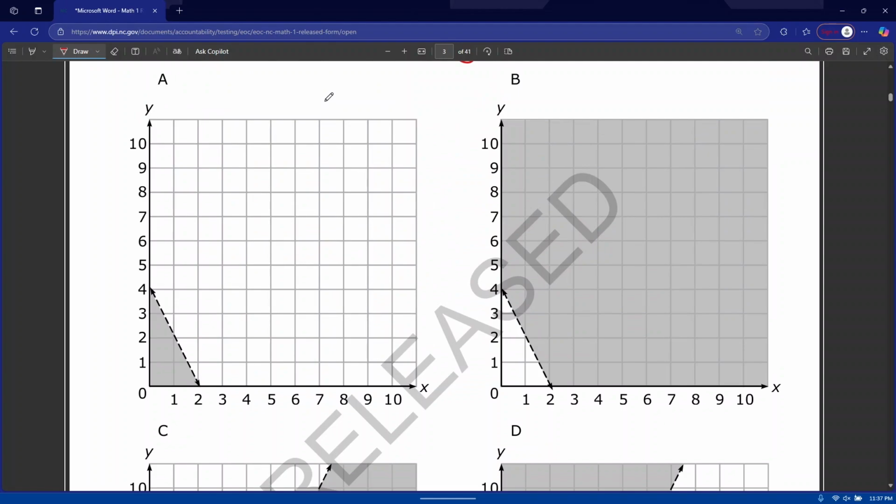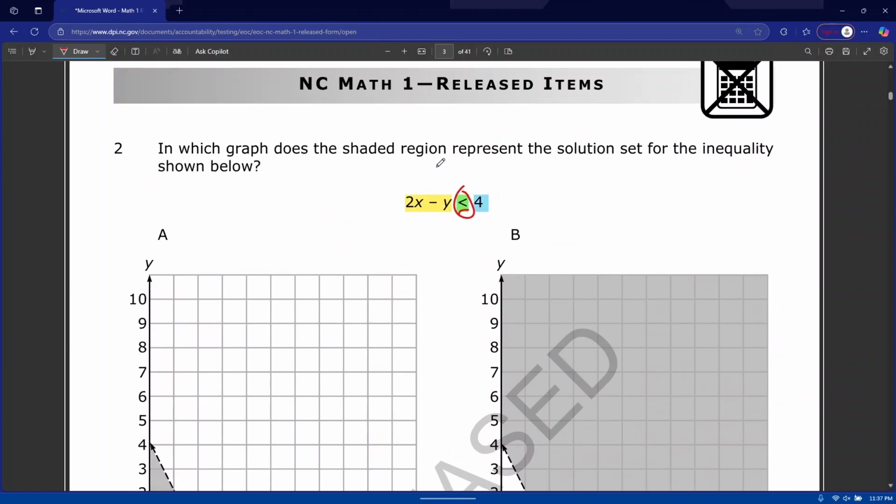So the next best thing is to solve for y. Okay, let's solve for y. We need to subtract the 2x here. So we are left with a negative y is less than negative 2x plus 4. Now remember, we always want to have a positive variable. We never ever want a negative variable until it is stated that it exactly wants a negative variable. So in this equation, we are going to have to divide both sides by negative 1.